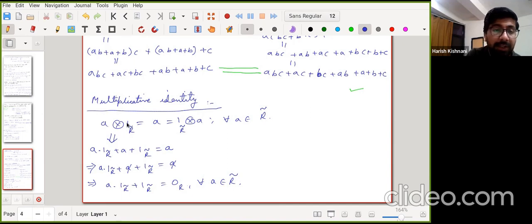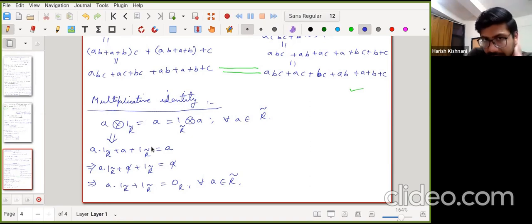We have to find what this 1 of R tilde is. But if there is some element which acts as multiplicative identity, then it has to satisfy this. So A multiplied with 1 of R tilde is the same as A dot 1 of R tilde plus A plus 1 of R tilde, and that is going to be the same as A due to this relation.